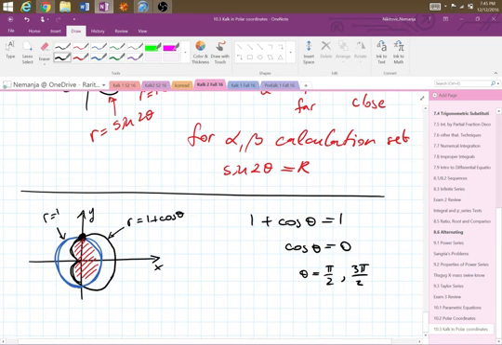And I'm just going to say common sense, right? Look at the picture. Use your eyes. So the representative pizza slice is going to start at pi over 2 and swipe to 3 pi over 2.